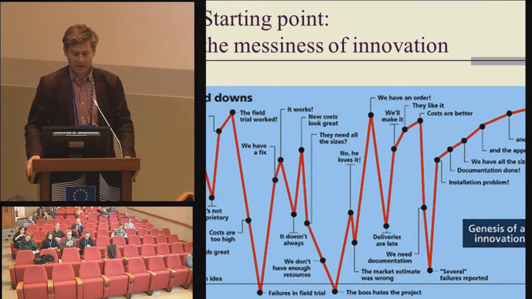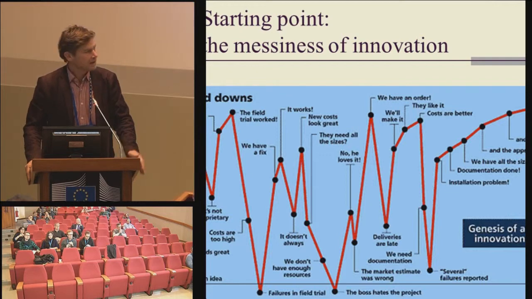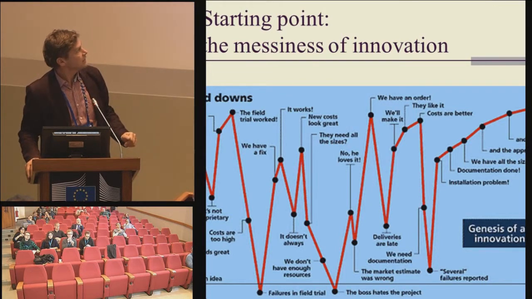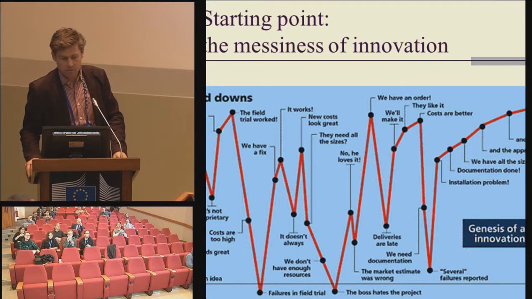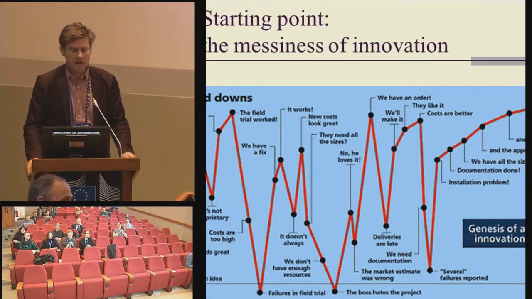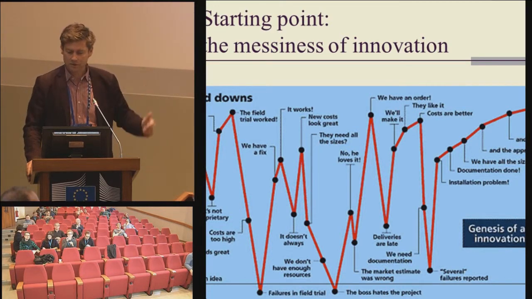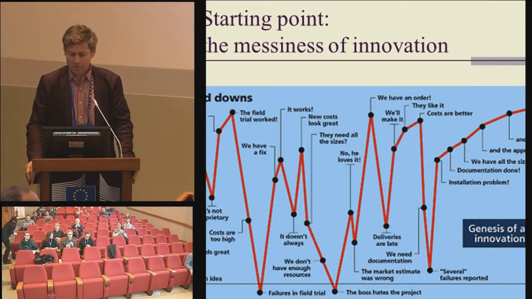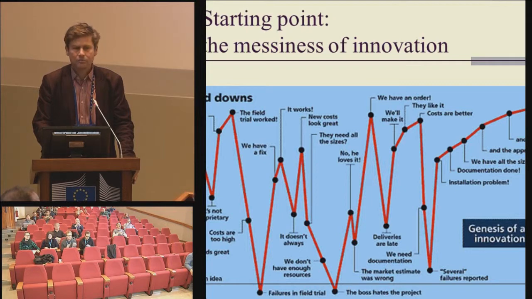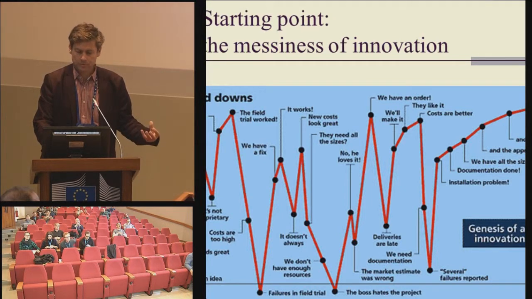Maybe you can read some of those texts, they have some trials, it works, but then they discover that the boss hates the project, so it is despair again, and it goes up, between ecstasy and despair. In this case, it ends with ecstasy, that they really are happy with the project, but it also might go downwards. So if you look at actual innovation activities, then there's not so much to say about all this.